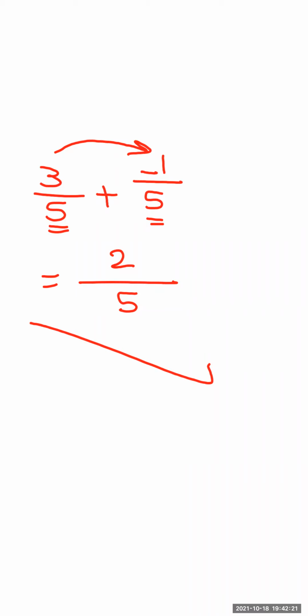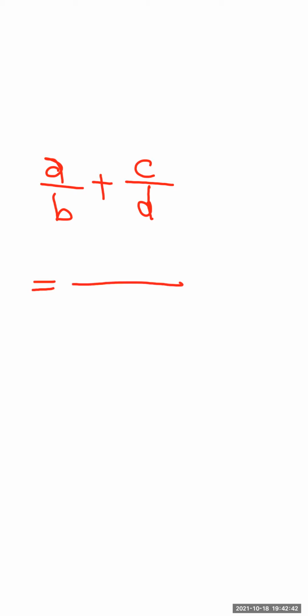So what about two different denominators, like A over B and another number, C over D this time? In this case, how do we add these two numbers? We will multiply the two denominators to get the common denominator.